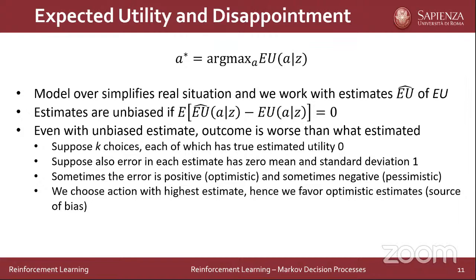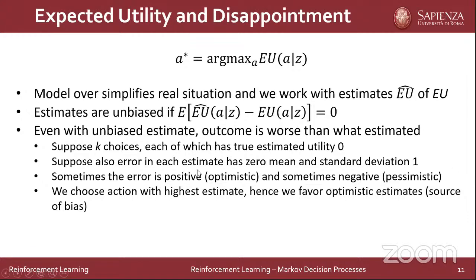An unbiased estimation means that in expectation you don't have any difference between the approximated expected utility function and the true expected utility function. In practice, this is not true, and this is very hard to get.